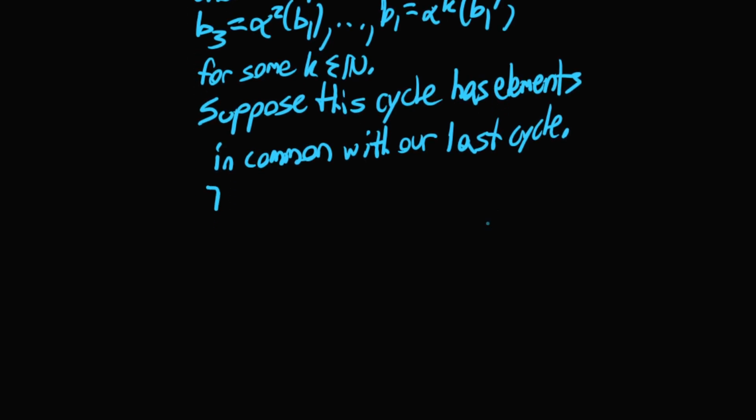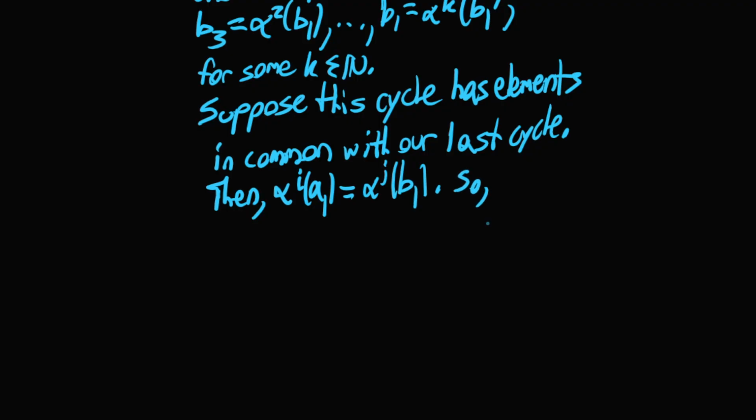Then we have alpha i of A1 equals alpha j of B1.